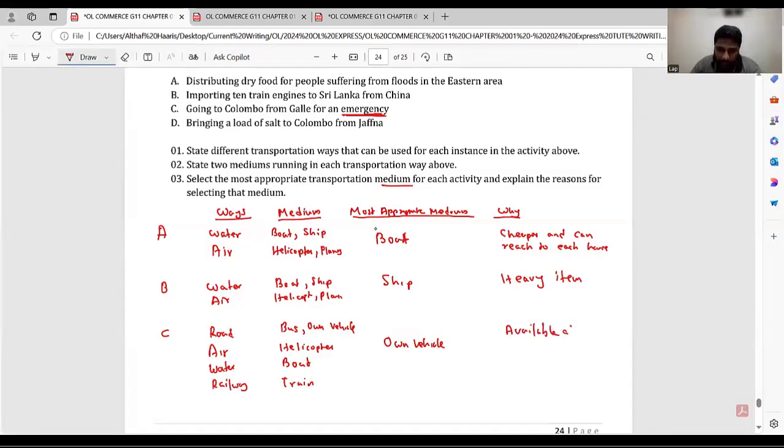Available at any time, not like train. We have to wait till the train comes. And cheaper, not like helicopter.